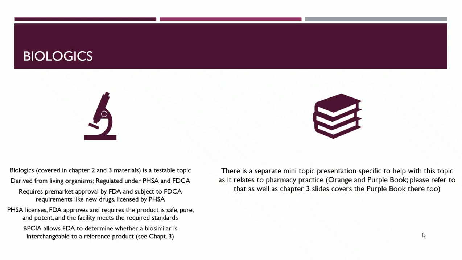It does require pre-market approval from the FDA, and it's subject to the Food Drug Cosmetic Act, just like drugs are, okay? But they're licensed under a public health service law too. So they're regulated in really different ways, I guess, but they are like traditional drugs in that they're approved as well, but they also have a license.